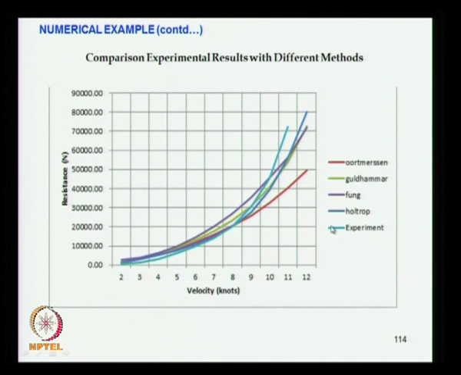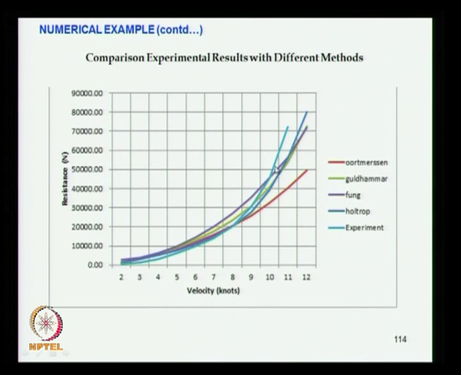This line shows the experimental method, and Wood-Mason is under-predicting a lot. Then Goldhammer is coming, this is the Goldhammer line, this is the Holtrop-Mennen method, and this is Fang's method.